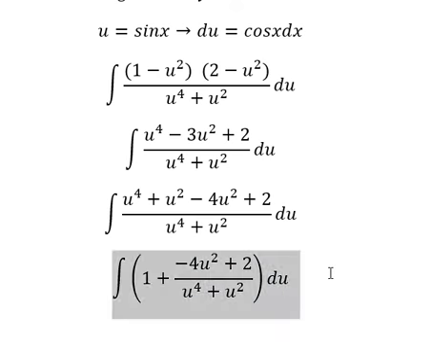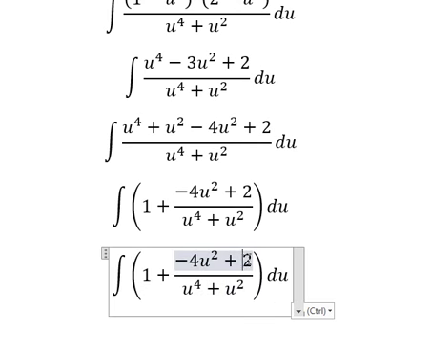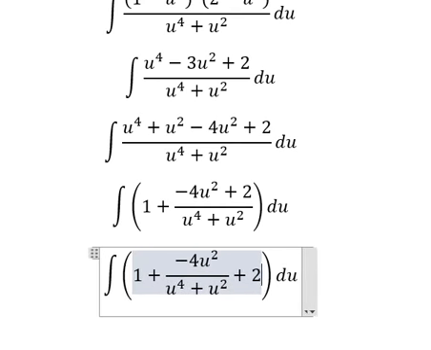Next, u squared and u squared we can factorize, and number 2 I will put outside in here. So that should be like this.